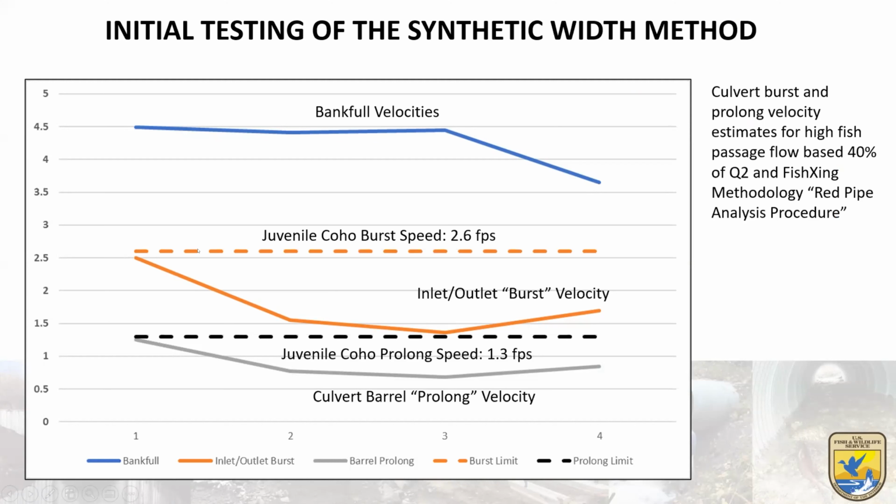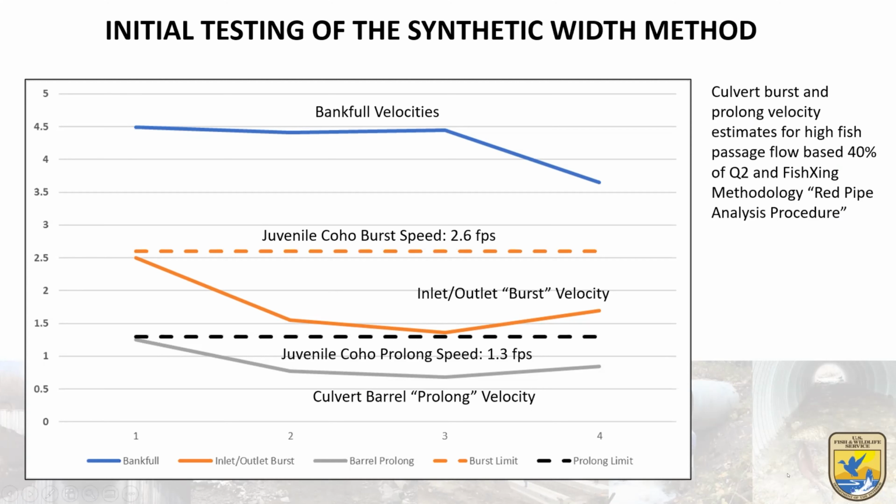At each of those areas we then used Forest Service fish crossing methodologies from their analysis procedures to look at what burst velocities at the inlet and outlet of a typical culvert, or prolonged velocity in the barrel, would be based on 40% of the estimated 2-year flow event, and how these compared. For at least these 4 situations, it worked out that if we used a bankfull velocity between 4 and 4.5, it would result in fish passability.